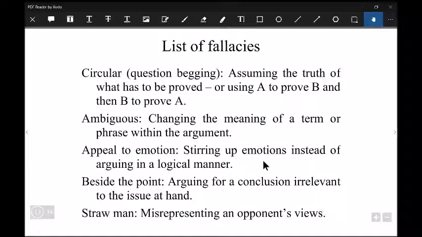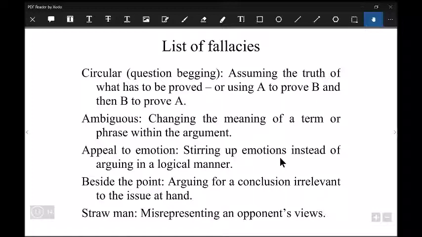Beside the point is where you argue for a conclusion irrelevant to the issue at hand. This is common with politicians. You ask them a direct question and they give you a nice answer. They prove something, but it's not what you asked. It's beside the point, or sometimes called irrelevant.